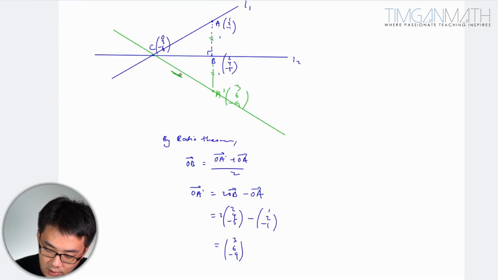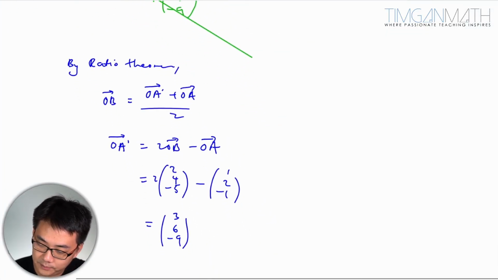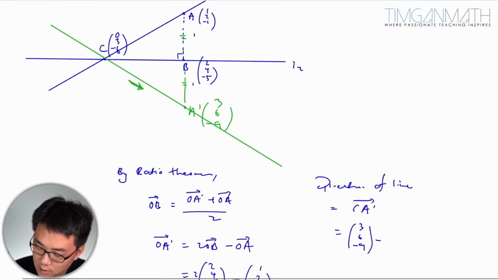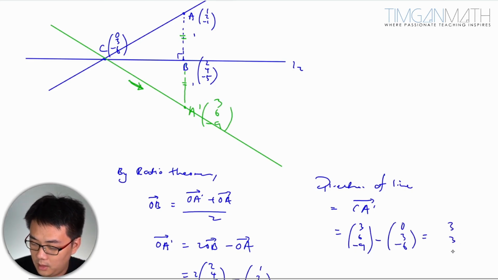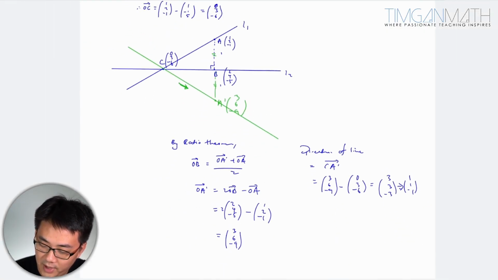What you need is the direction of CA. So the direction of the line of reflection will just be C to A, which is 3, 6, minus 9 minus 0, 3, negative 6. That will be 3, 3, 3. Okay, so this is 1, 1, minus 1. The direction vector can be simplified.